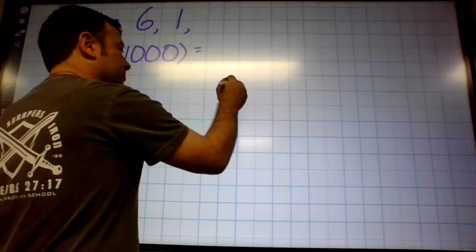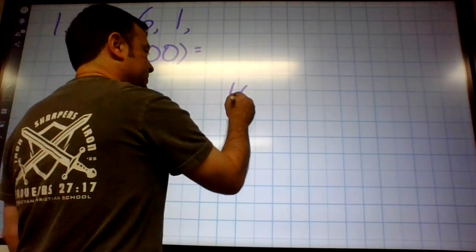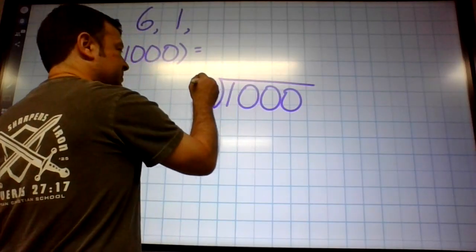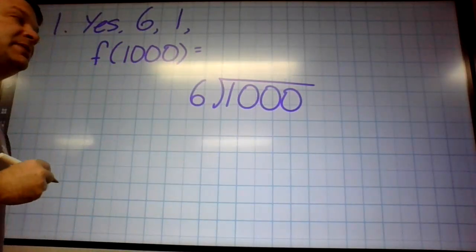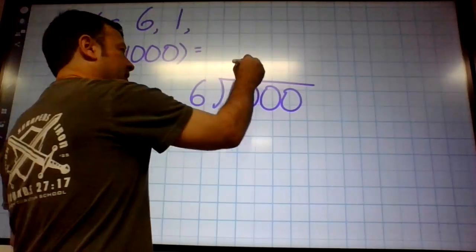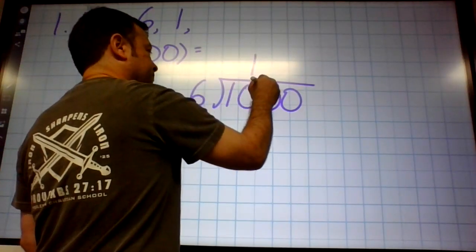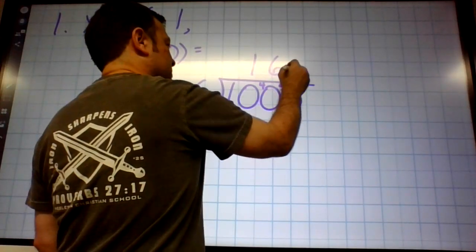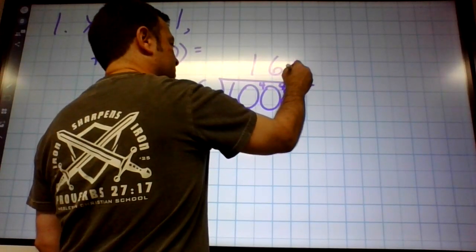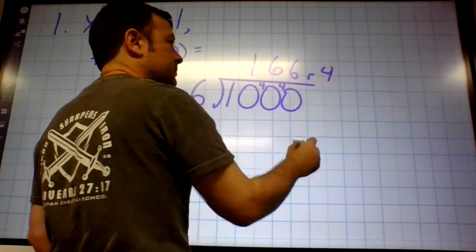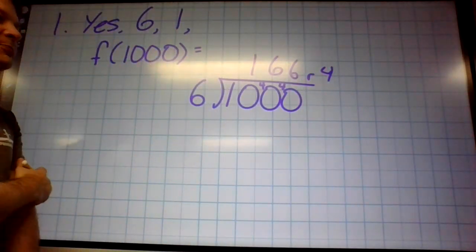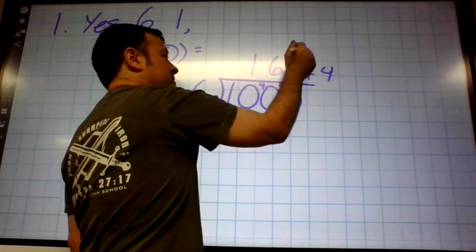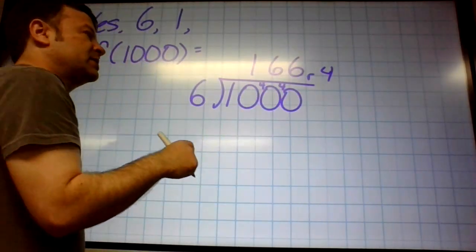Okay. So because the period is 6, what I'm going to do is 1,000 divided by 6. When I do that, you guys remember short division? Okay, what this tells me is that it's going to go through that period 166 times.